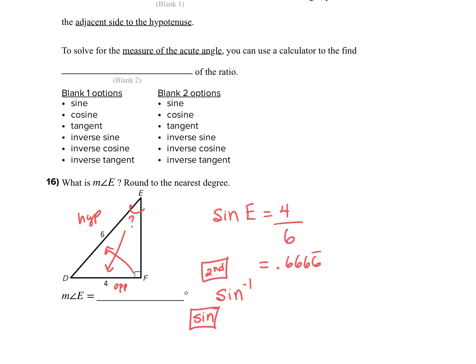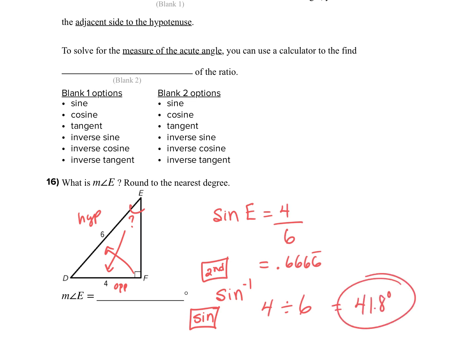So I'm going to hit second, then sine, and then I'm going to do the division, 4 divided by 6. And I get an angle measure of 41.8 degrees.